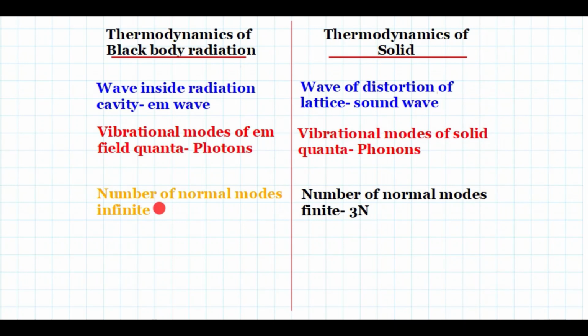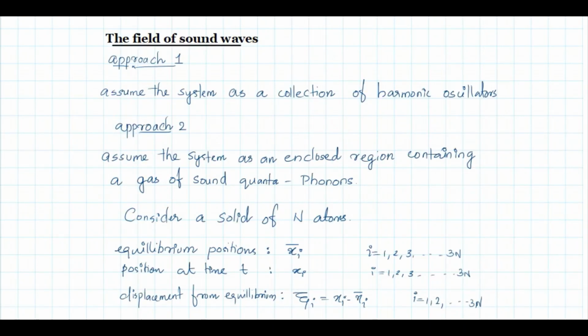In the case of blackbody radiation, the number of normal modes in the cavity is infinite, but in the case of the solid, the number of normal modes is finite, and for an n-particle solid, it is 3n. Okay, now we will consider the problem, the field of sound waves.